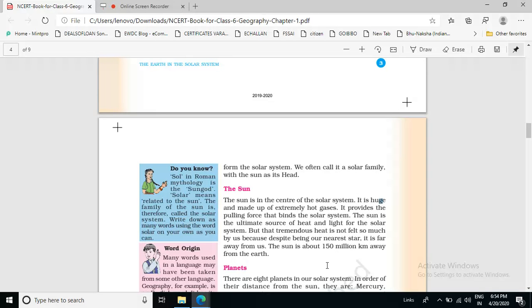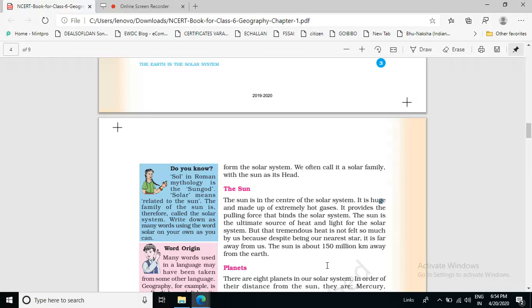So in a family, what happens? In a family, all the family members live together, isn't it? And there is a kind of fear of punishment if someone wants to leave the house. In that case, he will fear that the head of the family will scold him, and for that reason the whole family lives together.